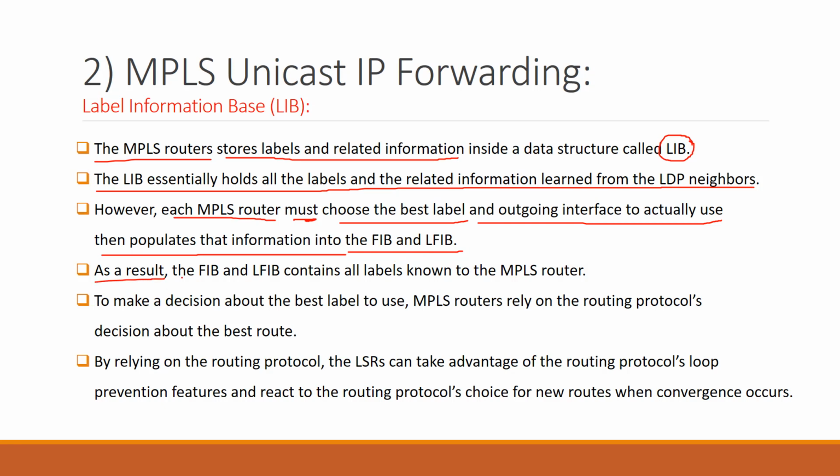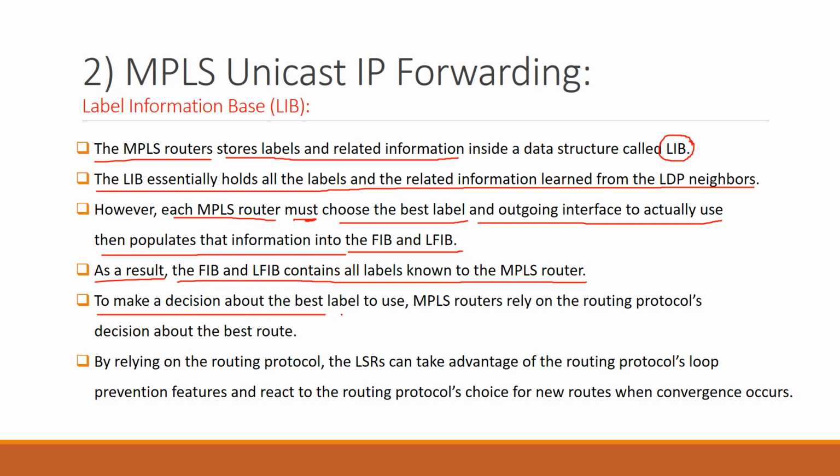As a result of these procedures, the forwarding information base and the label forwarding information base contain all labels known to the MPLS router, and these labels represent the best labels.